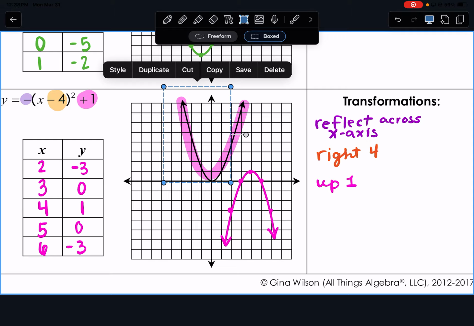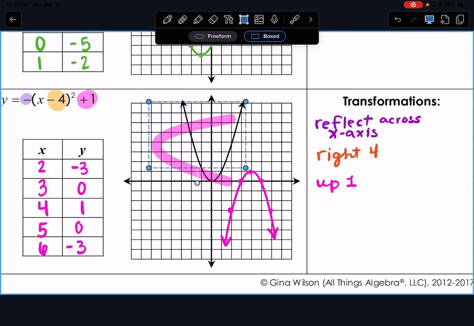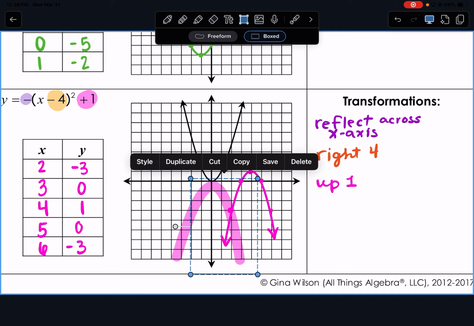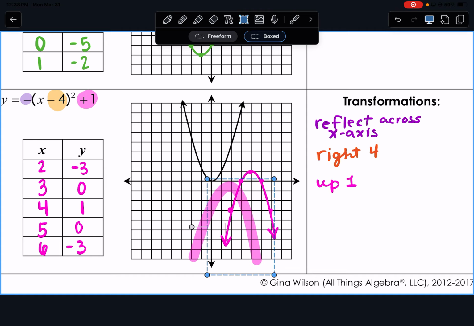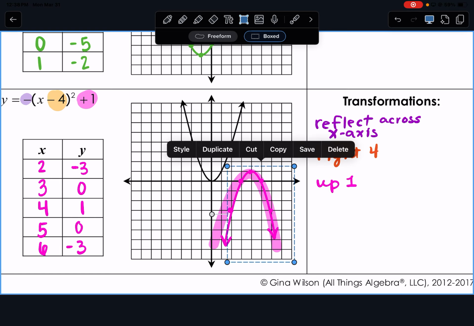What happens here is it causes it to flip over the x-axis. And then it's going to move to the right 1, 2, 3, 4. Then it's going to move up 1. So it's the same graph, it's just being moved.